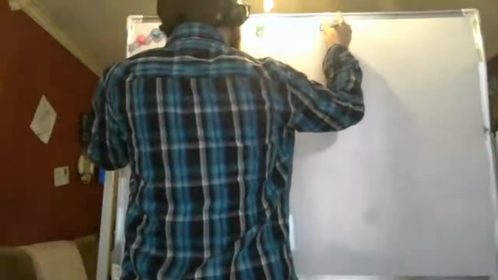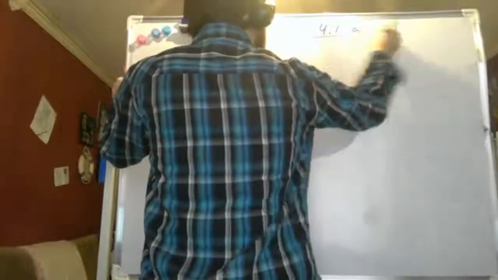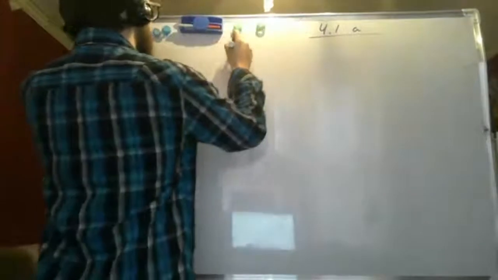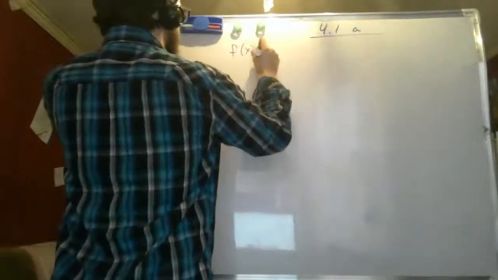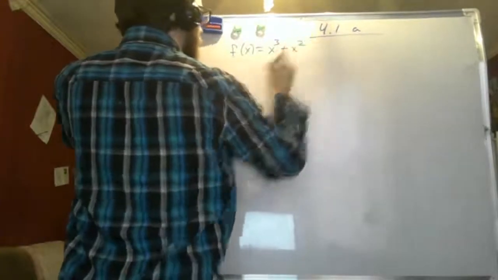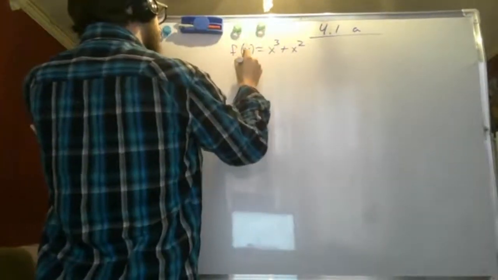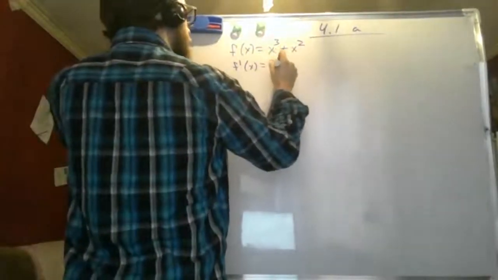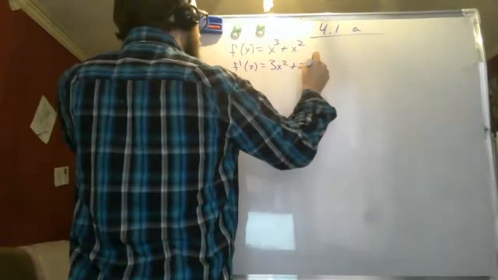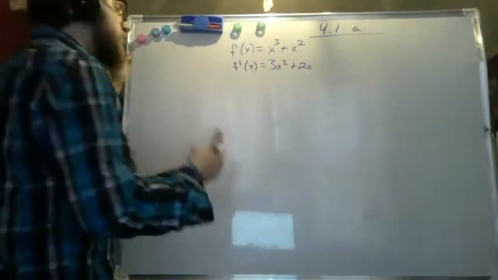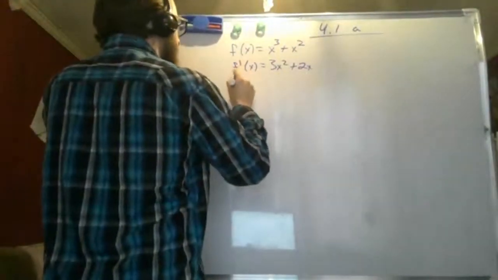Because up to this point, and this is 4.1a, all we've done are first derivatives, which just means if I give you some function, say x cubed plus x squared, then we could take the derivative, which is shown by f prime, and that's just 3x squared plus 2x using our power rule. The second derivative is when you take the derivative again.